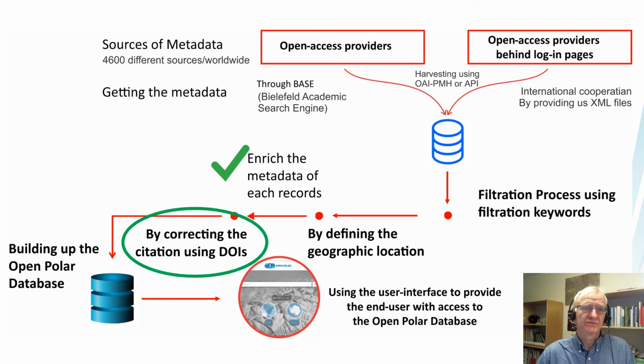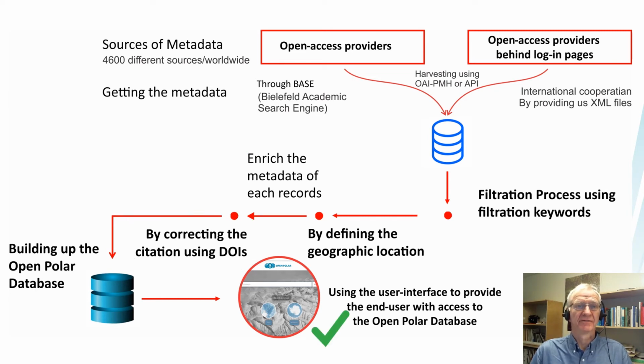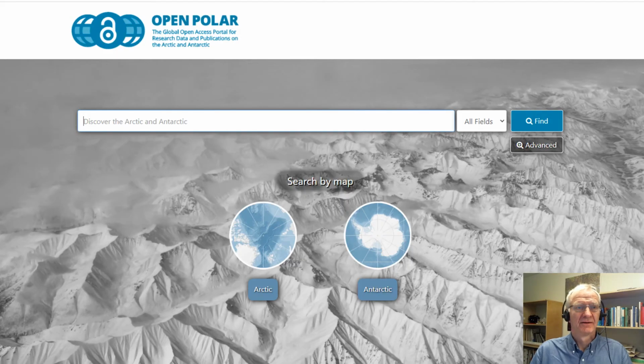And then we use Crossref to look for literature referring to the records and add such reference to the metadata. All this now makes our OpenPolar database very rich in terms of records and their metadata. And this enables us users to find records of relevance through precise searches in the user interface.